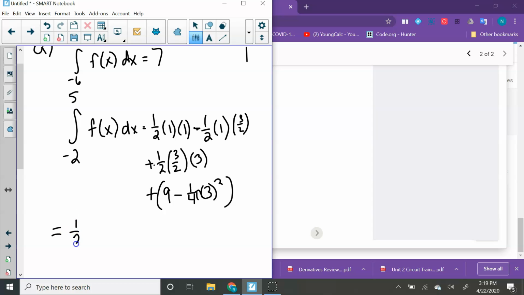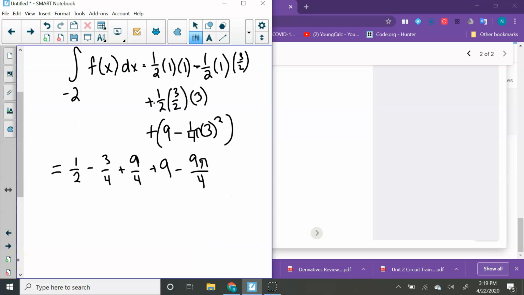This is going to be 1/2 minus 3/4 plus, right here we're going to get 9/4, plus 9 minus 3 squared is 9, so 9 pi over 4. So if we do that, this is 2/4 right here. So we got 2 minus 3 will give us -1, which will give us 8 over 4.